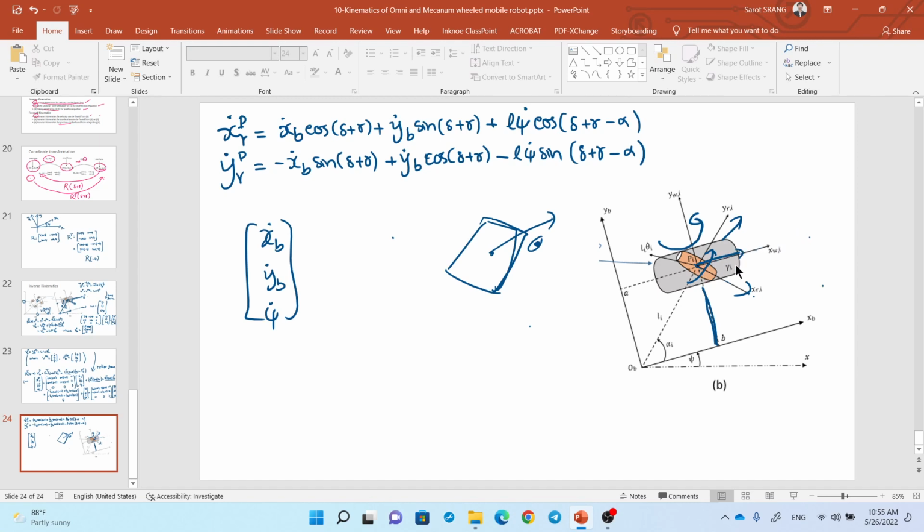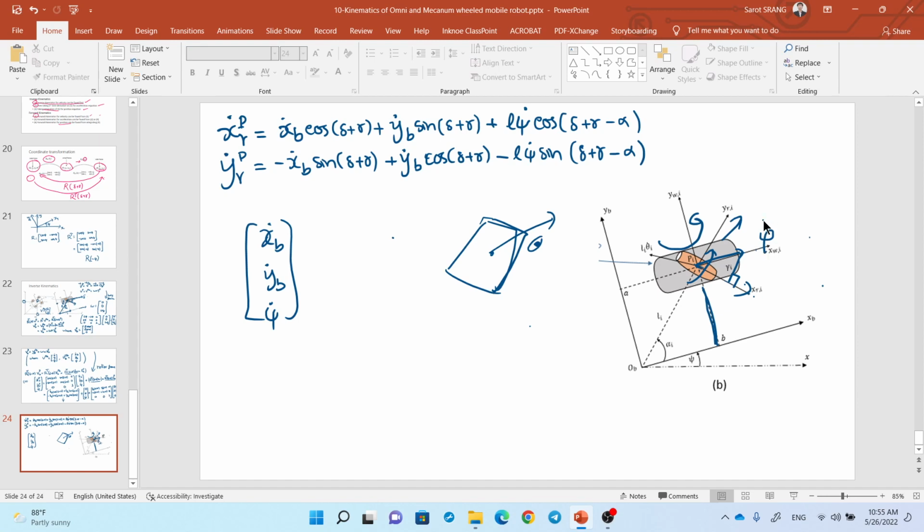But because only the velocity in this direction can produce the movement, we project this velocity onto this axis. What is the velocity in this direction?